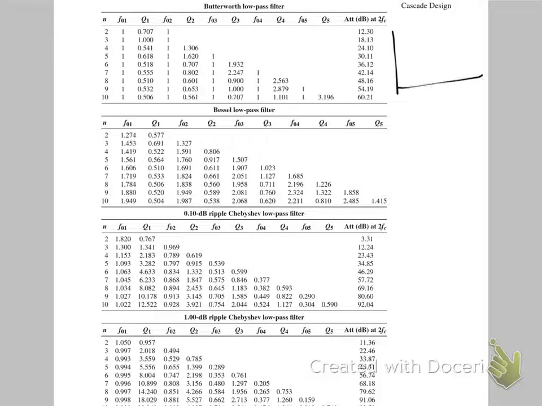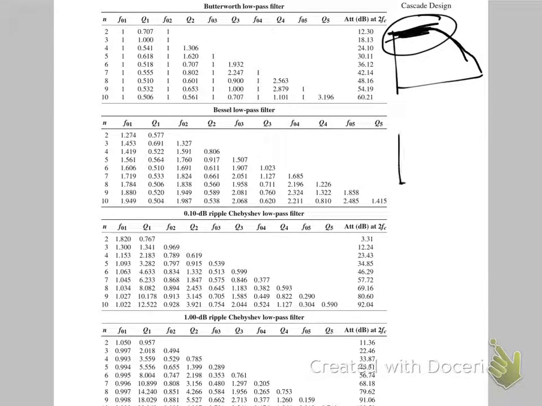Your Butterworth amplifier looks really nice because it's smooth in the pass band, which is here, and it has a gradual cutoff of 20 dB per decade.